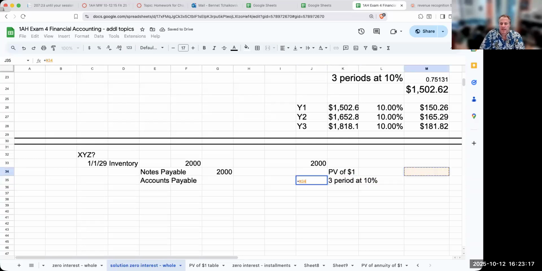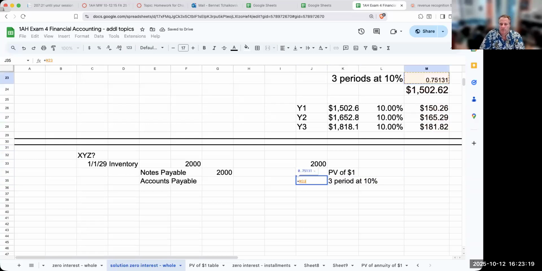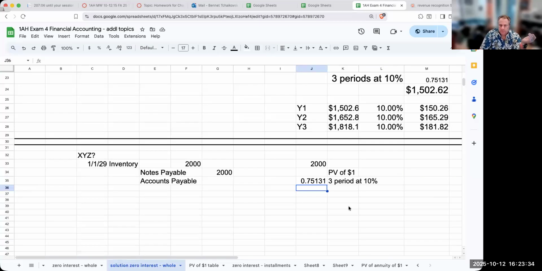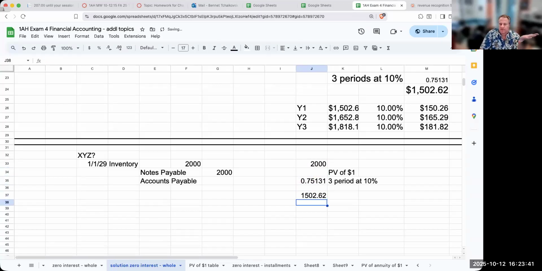And this is going to be the same present value factor of 0.75131. Again, how did we get this? For lump sums where only one amount is being paid, go to the number of times interest is being compounded. In this case, it's 3, at 0.75131. So come over here and I say, well, the present value of this is 1502.62.